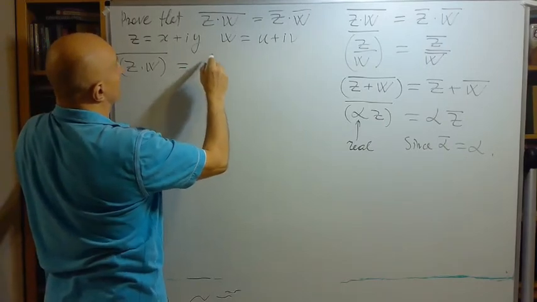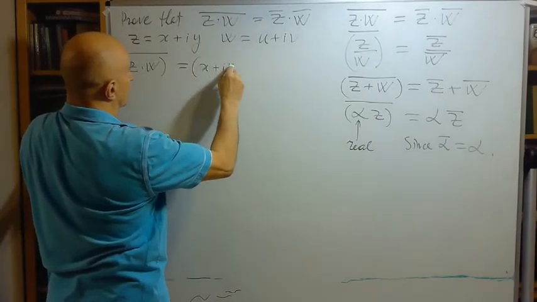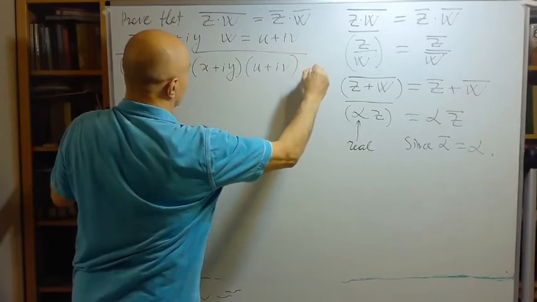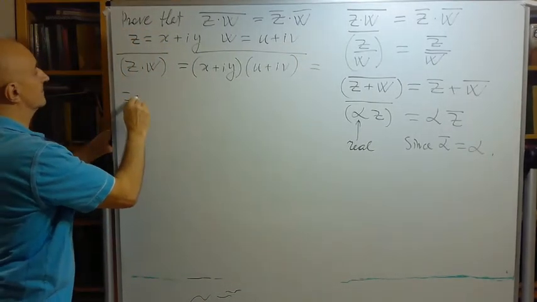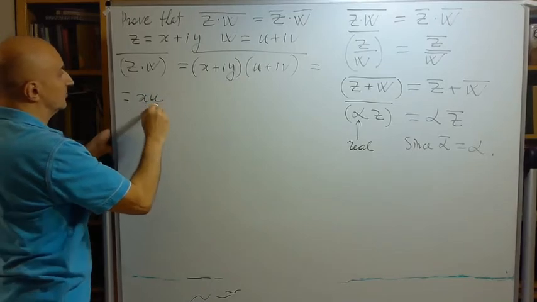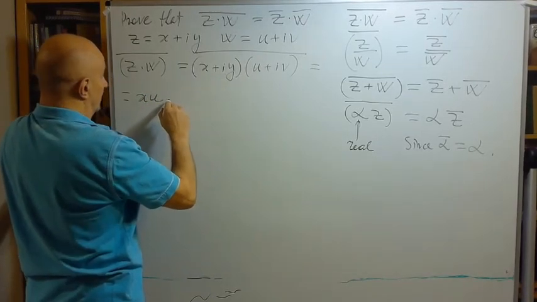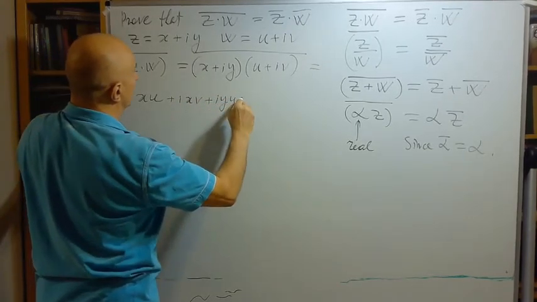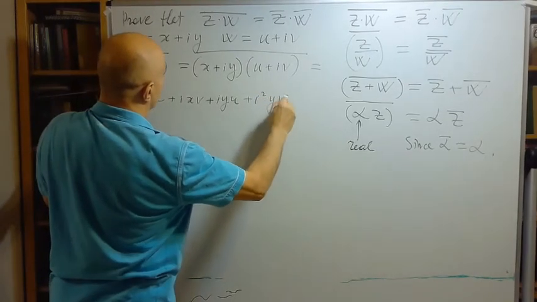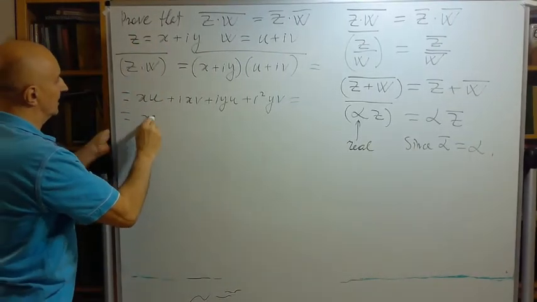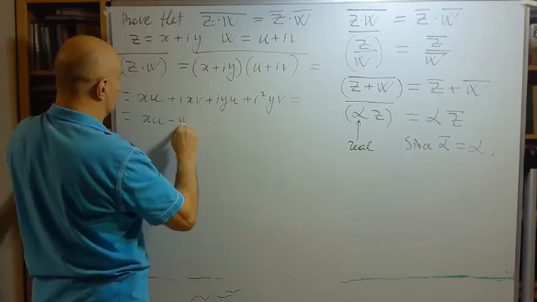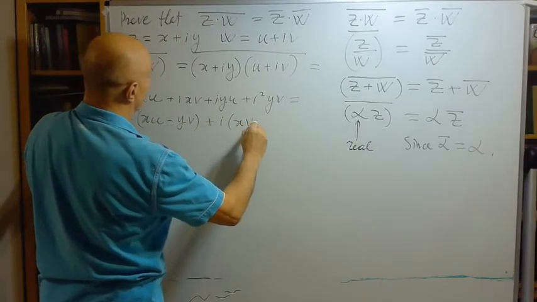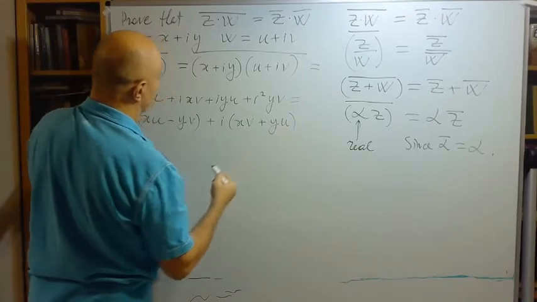It equals the conjugate of x plus iy multiplied by u plus iv, which equals xu plus i xv plus i yu plus i squared yv, and it will be xu minus yv plus i times xv plus yu.